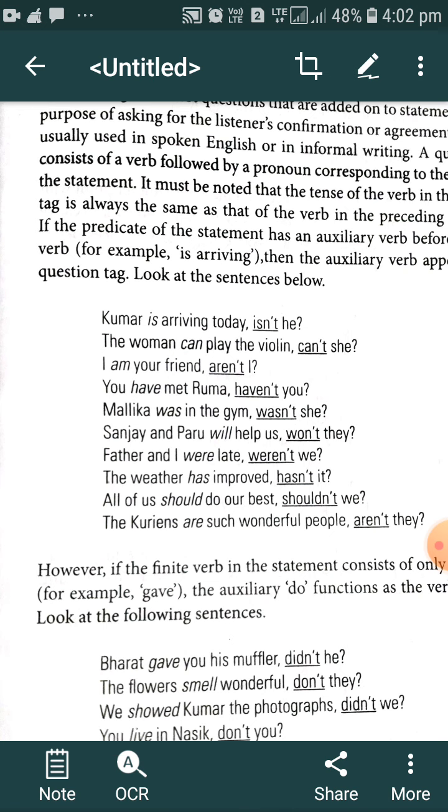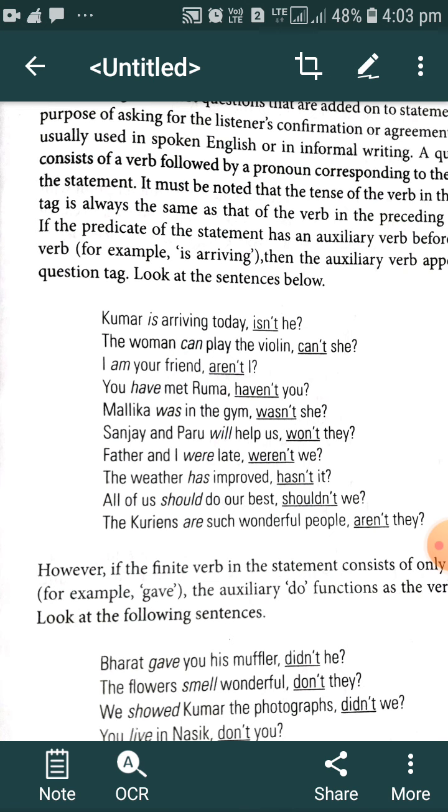Won't they? Sanjay and Paru will help us. So this is an affirmative statement. That's why the question tag will be negative, and instead of will not we have to use won't. And why have we used they there? Because in the statement we have two subjects, and they are third person subjects. That's why we have to use the third person pronoun they.